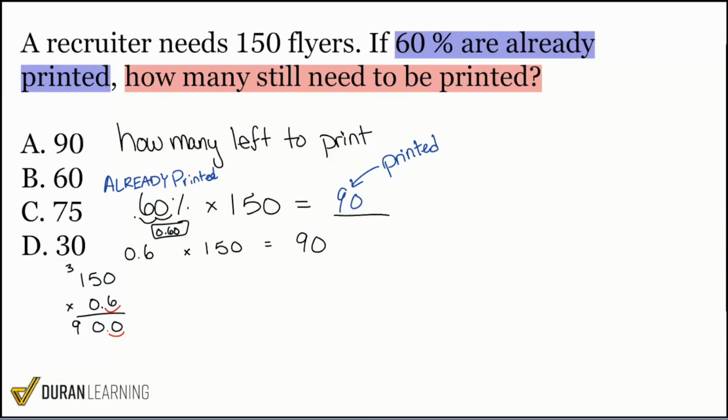So because of that, we can subtract naturally here. We can subtract and say 150 flyers that we need minus the 90 that are done will give us 60 left. And so, sure, the correct answer is going to be B, 60.